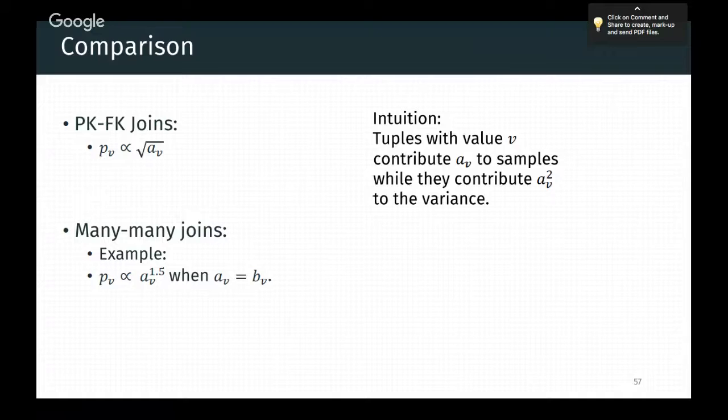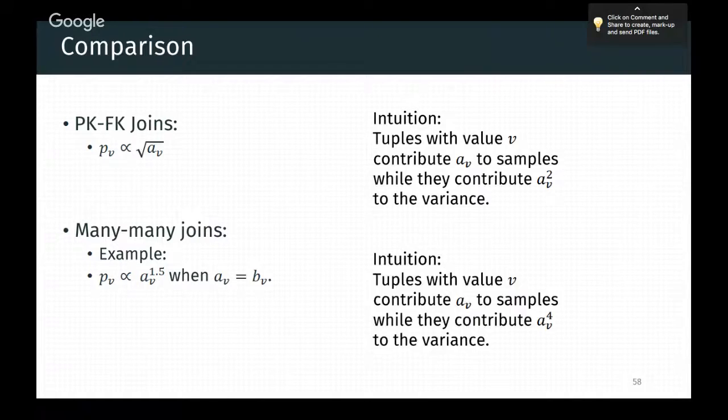So to achieve smaller variance while the sample size is the same, we should sample proportional to the square root of a_w. And for the second case, the intuition is that although tuples with value w contribute a_w to the sample size, they contribute a_w to the power of 4 to the variance. So we should sample proportional to a_w to the power of 1.5.